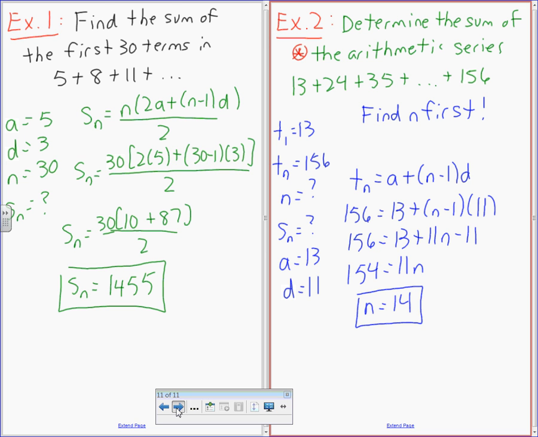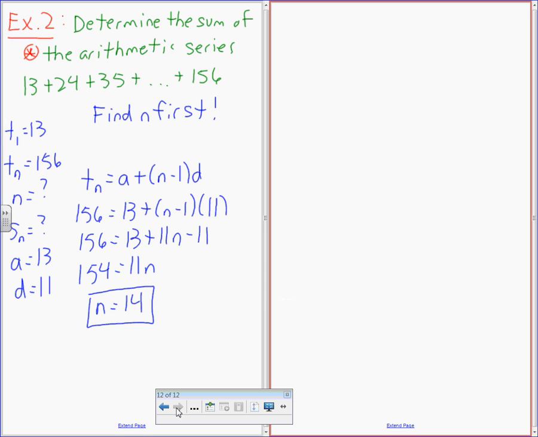Yeah. Good. Now this is sort of the new part, because the rest we should have done no problem. Cole, which version are we going to use of Sn? T1 plus Tn over 2 times n, sounds good to me. Cole, can you sub some numbers in here, please?